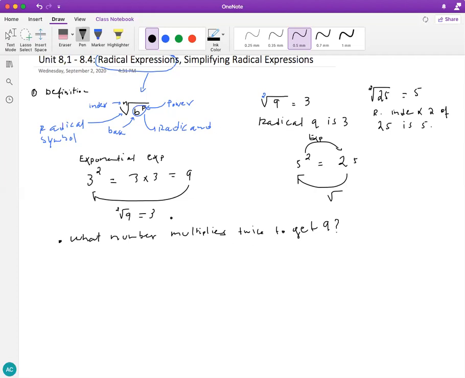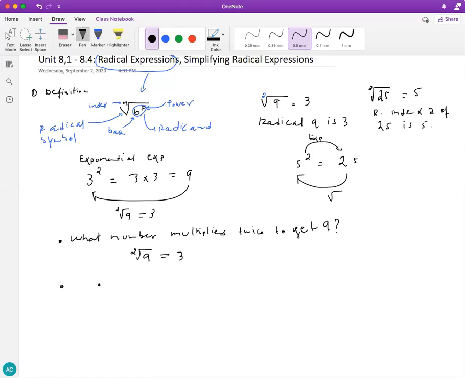That's another way to read this expression. So what number multiplies by itself this many times, the index, whatever it might be, twice this time, to get 9? That number is 3.